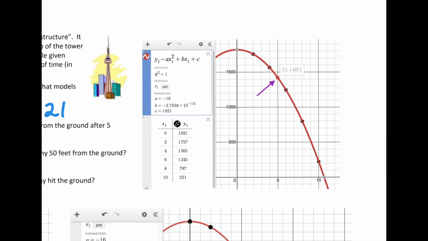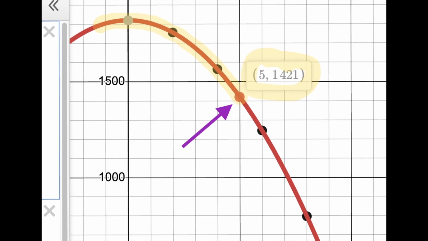It's hard to show because I'm not holding my cursor in this video, but you can drag your cursor along the top of the graph, watching the x and y values slowly approach x equals 5, and if you go back and forth just a tiny bit, you should be able to see what the y value is when x equals 5, and that here is going to be 1,421.